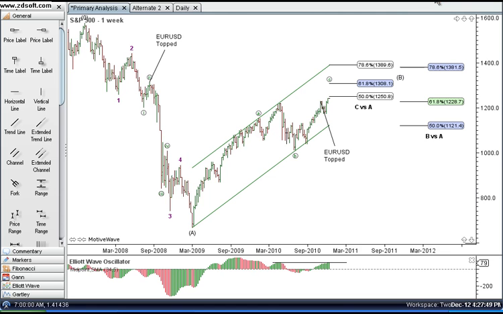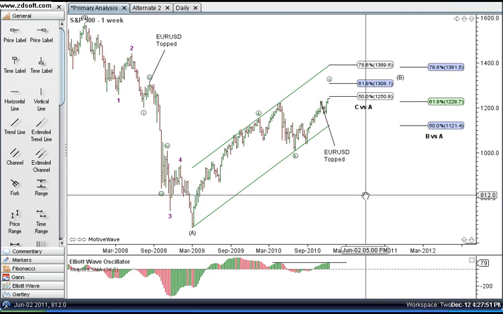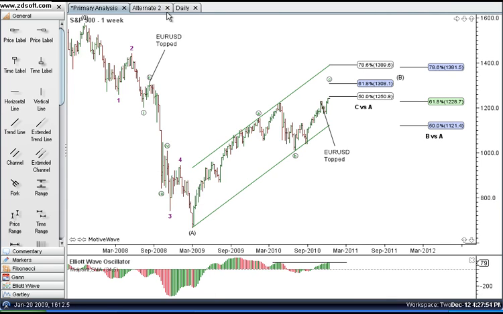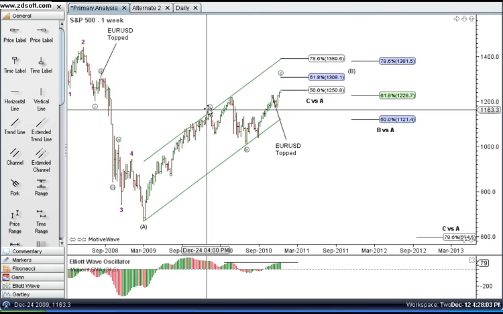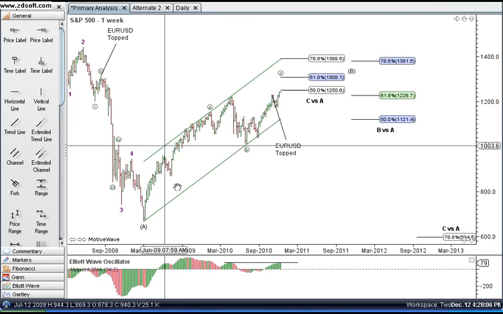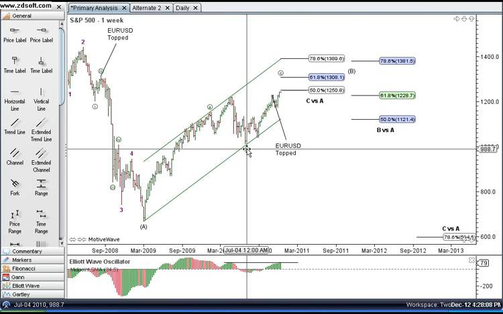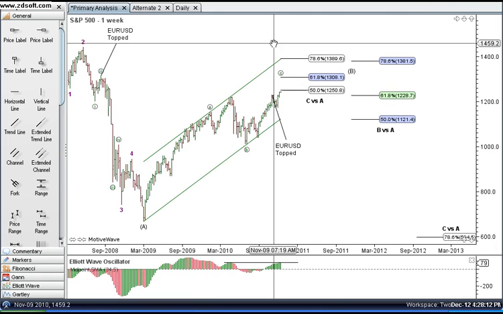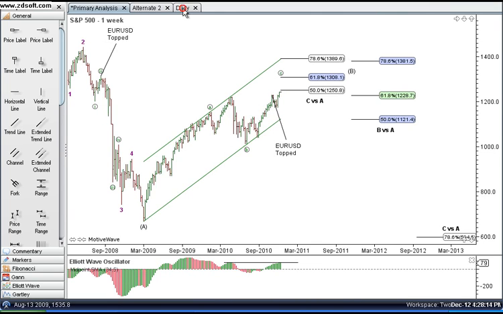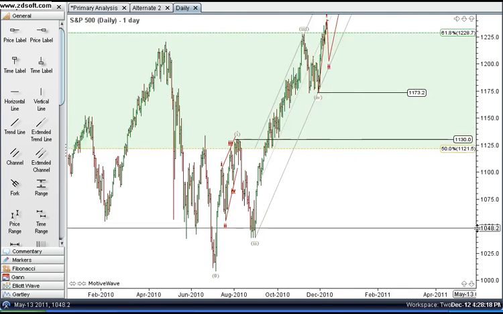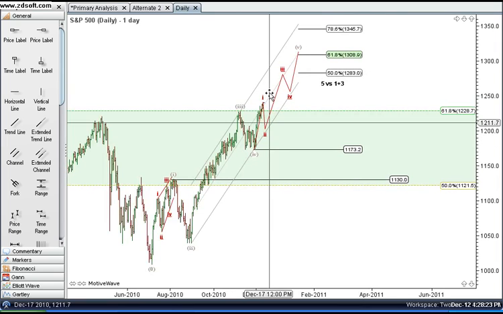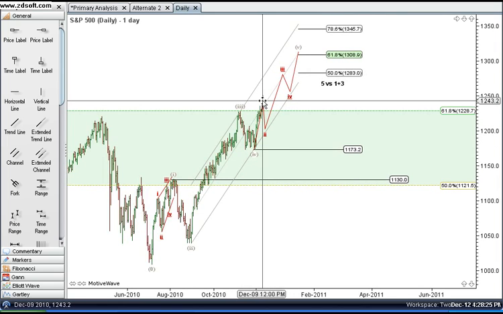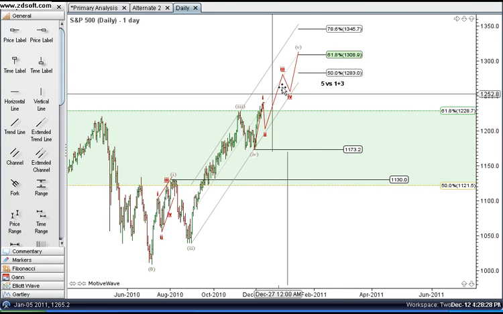But the S&P 500, the weekly, A, B, looking for C and B. I have this marked this way as A, B, C for A, W, X, Y for B, and then 5 up for C. And the reason I did that, you look at the daily, if this is going to be 5 waves up, 1, 2, 3, 4, this could either be the end of wave 5 or just wave 1 of 5.